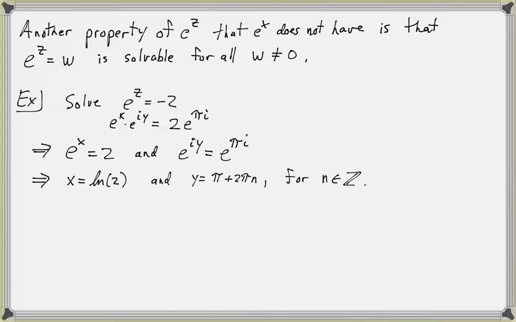For any integer n. So we see that if x is the natural log of 2 and y is any one of these values, then z equals x plus iy will solve this original equation, e to the z equals negative 2.